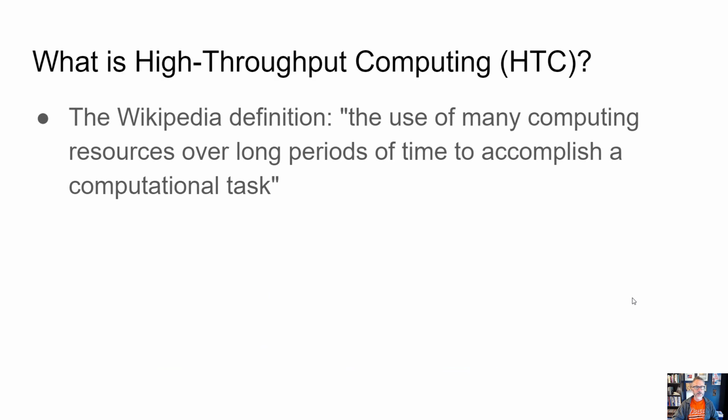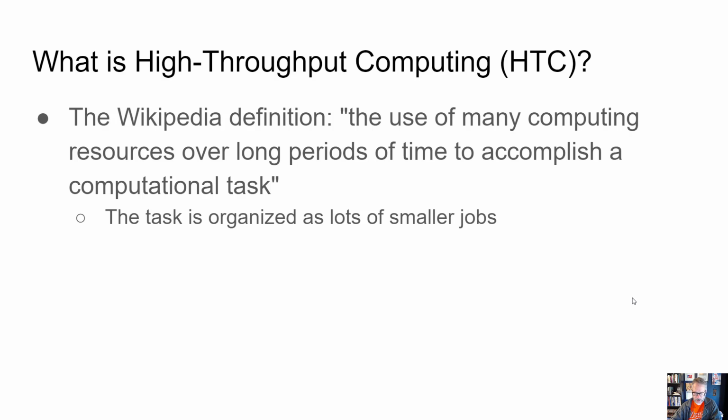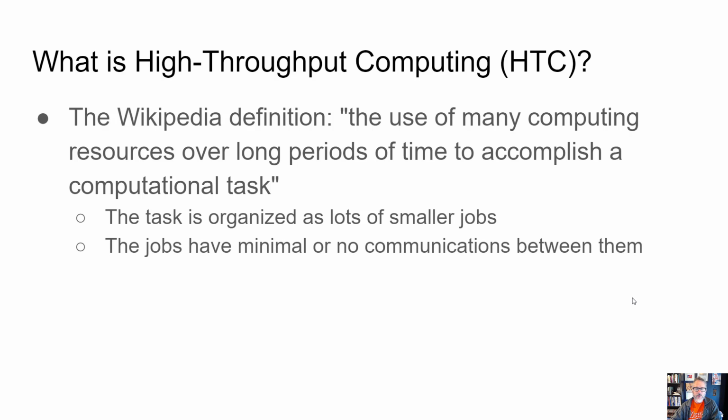Okay, so our Wikipedia definition says that HTC is the use of many computing resources over long periods of time to accomplish some task. And often that task is a lot of little tasks or smaller tasks. Okay, so it's organized as lots of smaller jobs that have minimal or no communications between them. So in HPC, we might have a lot of synchronization going on between processes to keep them all in step as they go.